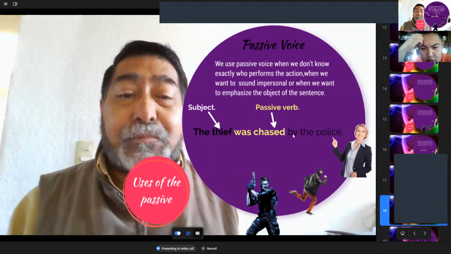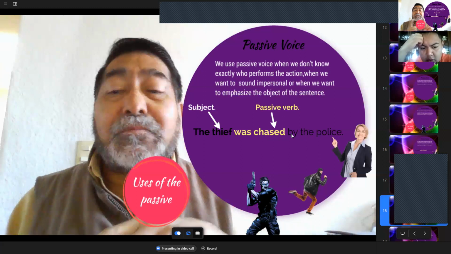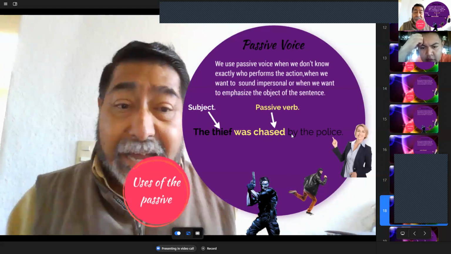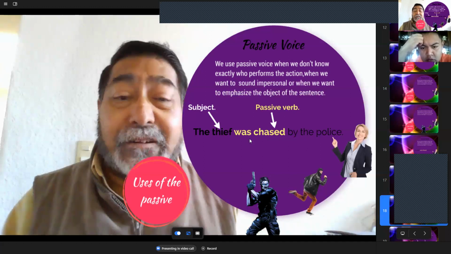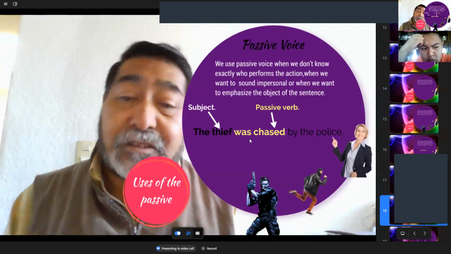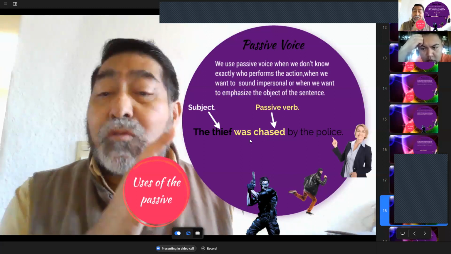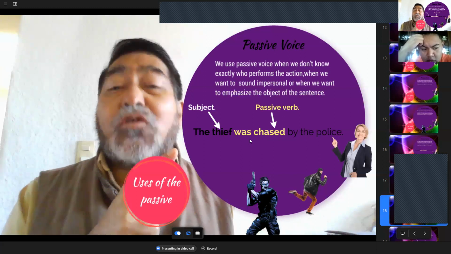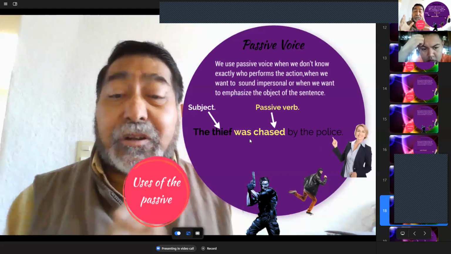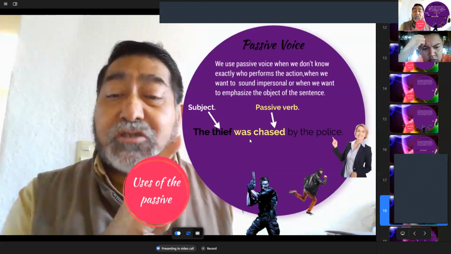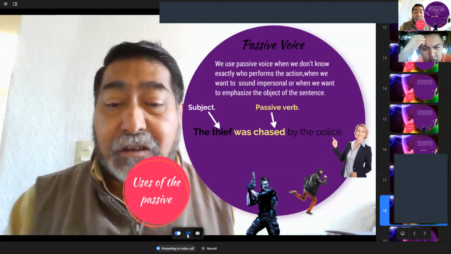And the police, which was my subject in the first example, now becomes the receiver of the action, the object. This is one of the main characteristics of passive voice, the combination with the verb to be. When we want to sound impersonal, or when we want to describe processes, we use passive voice. We are going to analyze some examples, but it's very important that we understand how we form the passive voice. Take the screenshot for this example, please.